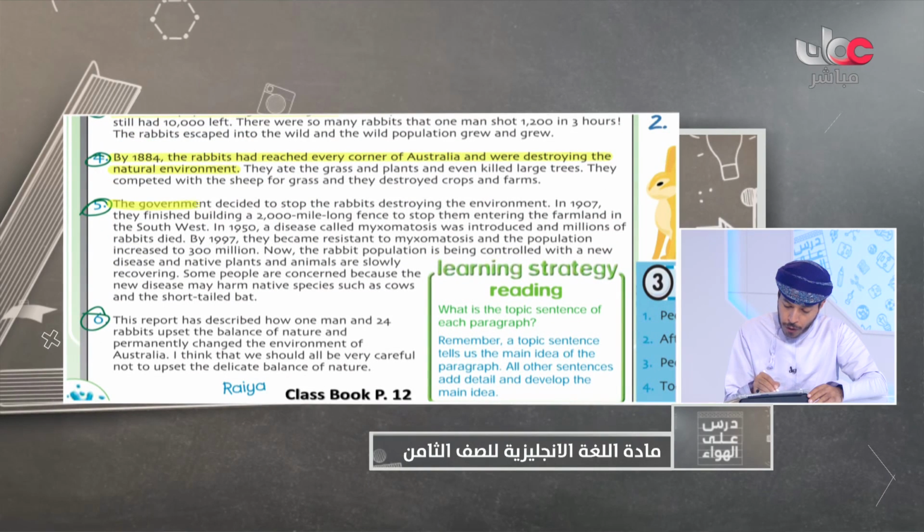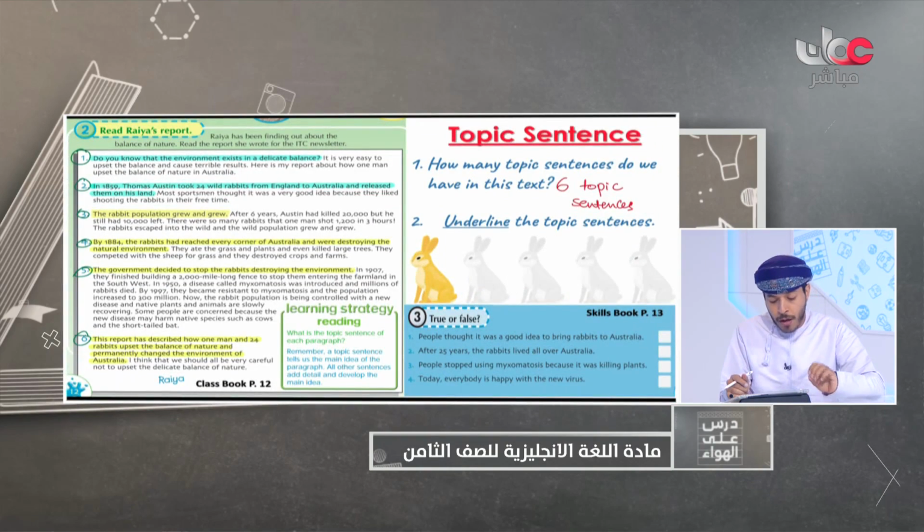Paragraph number 5, the first sentence, only the first sentence of each paragraph, and this is for paragraph number 6. It's a bit long. Okay, so these are the topic sentences. They are 6 sentences, and we have already shaded or underlined them.